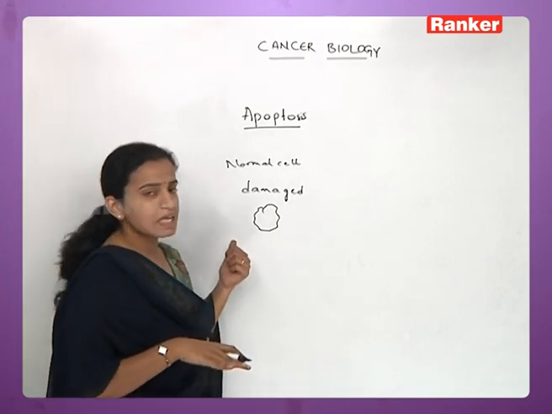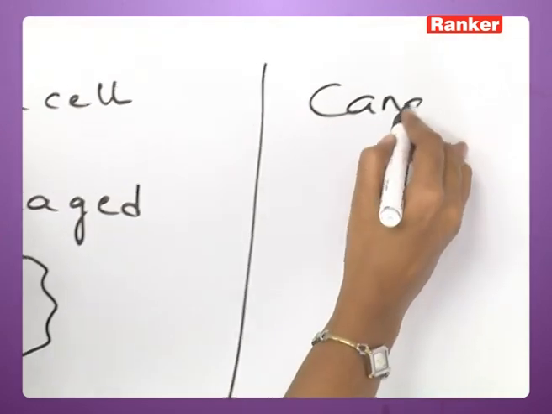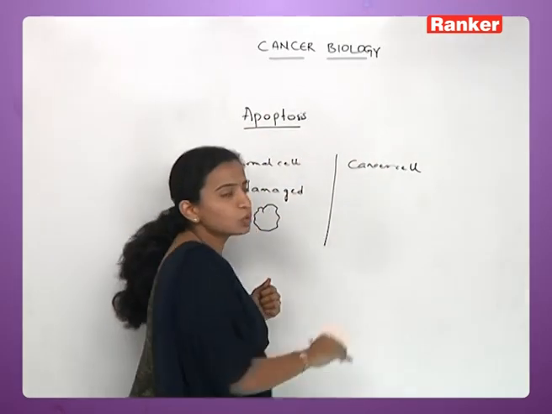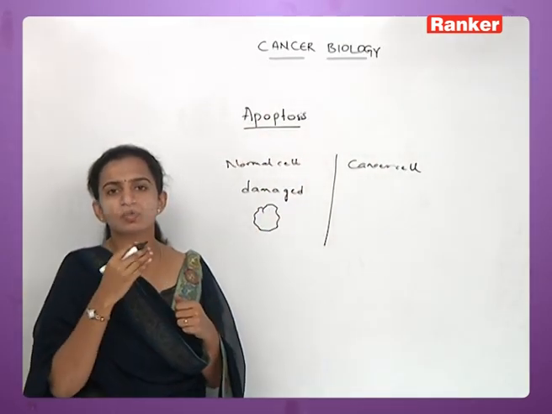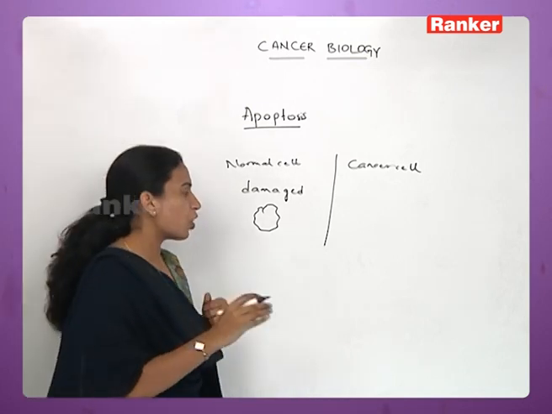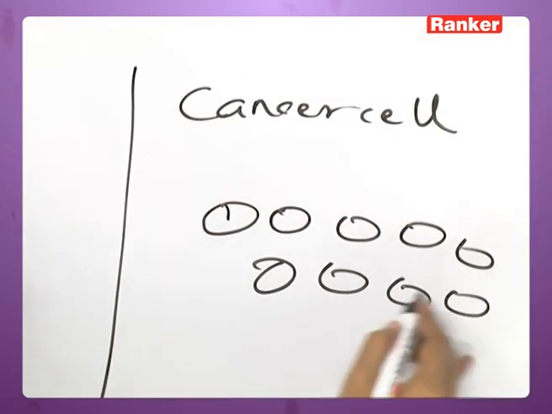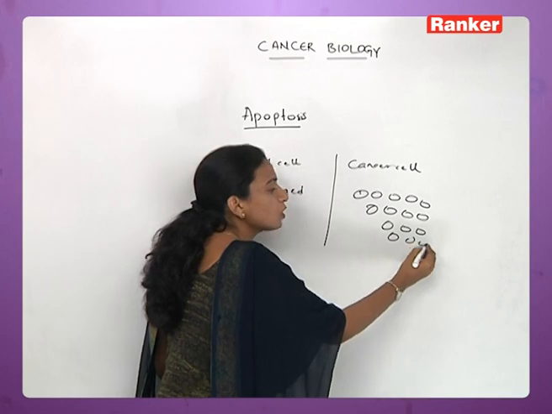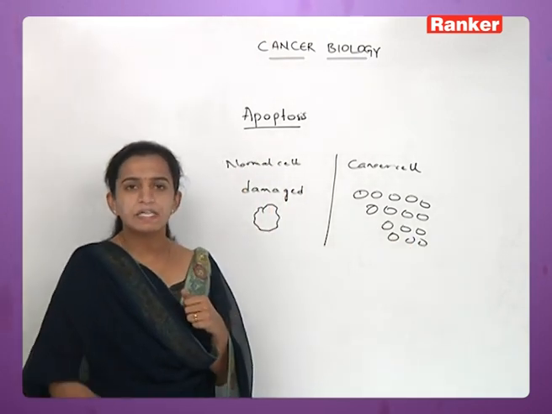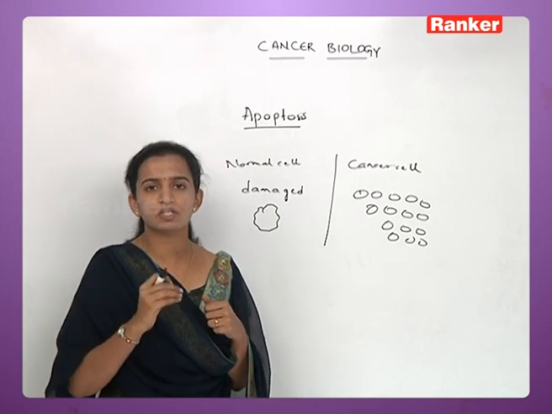But this same character you can't see in a cancer cell. What is happening with the cancer cell is, though it is damaged, though it is doing something else, there is no stopping of anything. There is always a tremendous growth you can see. That means even if the cell is damaged, it's not going to stop its division. It is completely dividing tremendously. The division is going on.